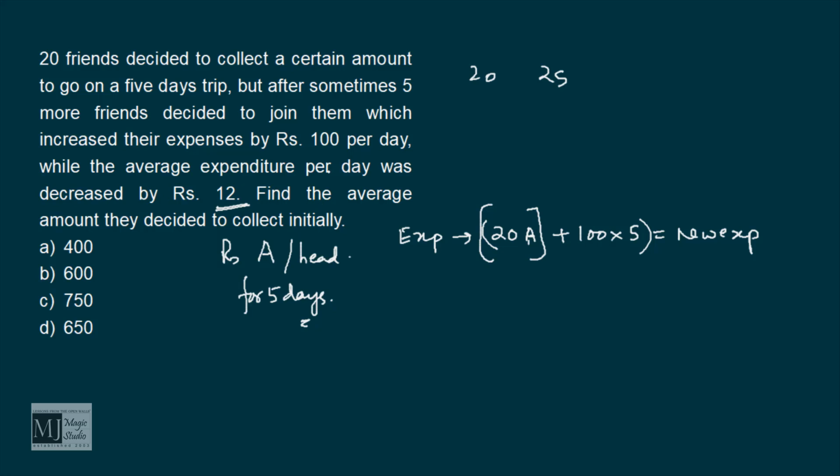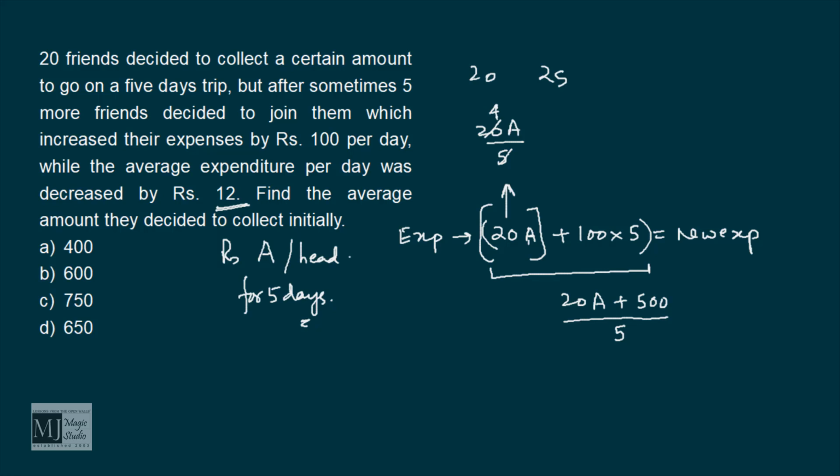While the average expenditure per day was decreased by rupees 12. Initially it was 20A, so average expenses per day were 20A by 5. Correct? Now average expenses per day are 20A plus 500 by 5.